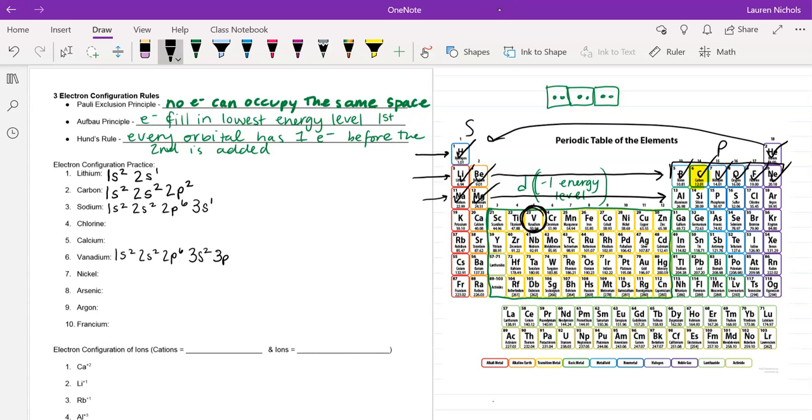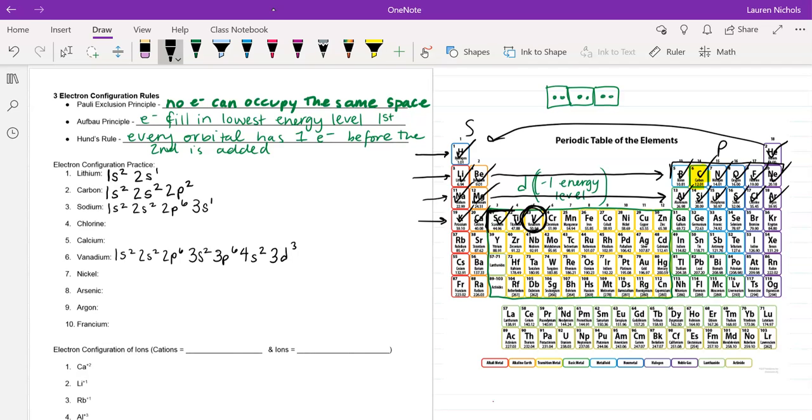We have 3p, 1, 2, 3, 4, 5, 6, so 3p6. And then we go to the 4th row, and we hit 4s, and that's 1, 2, so 4s2. But now that we're in the D sublevel here, we have to subtract an energy level. So it actually goes back to 3D, 1, 2, 3.